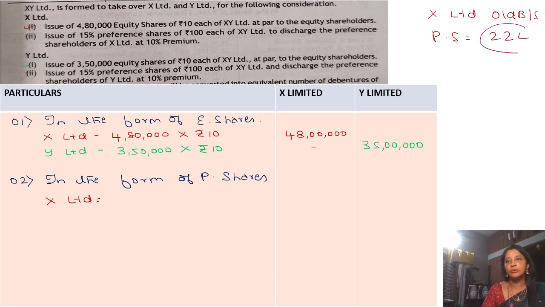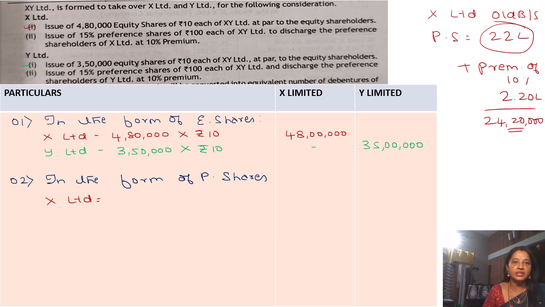So remember, preference shareholders have their share capital of 20 lakhs. If it is issued at premium of 10%, you add 2.20 lakhs. So you get 24 lakhs 20,000 for X Limited.